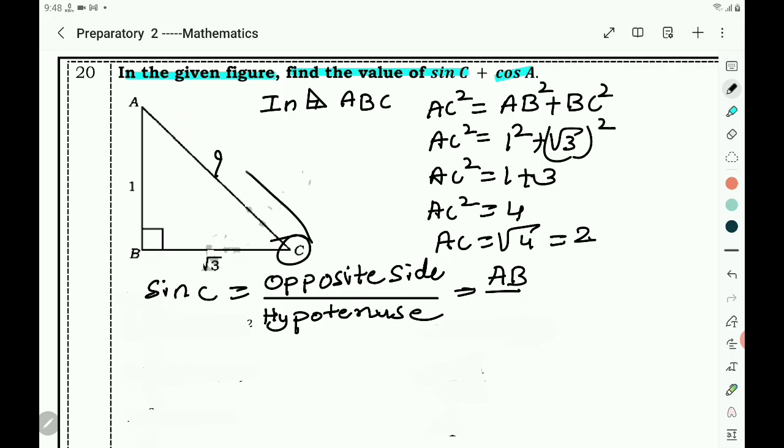Hypotenuse is AC. AB by AC equals AB is 1, AC is 2. We got 1 by 2.